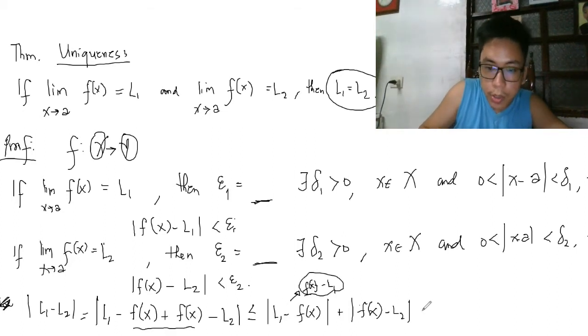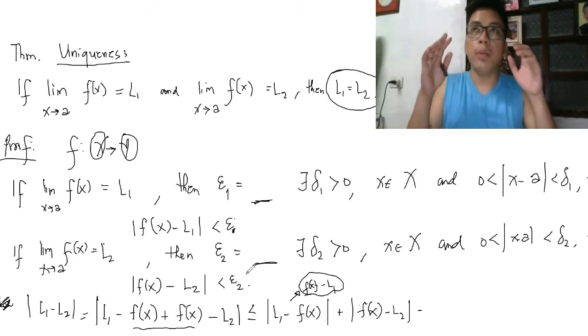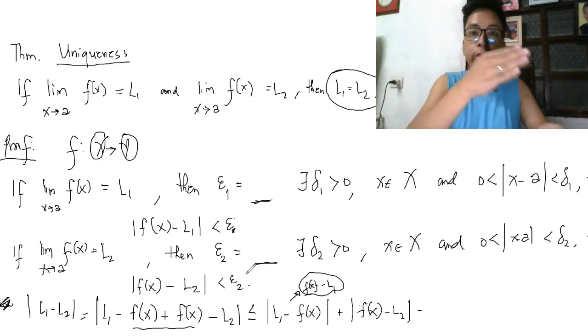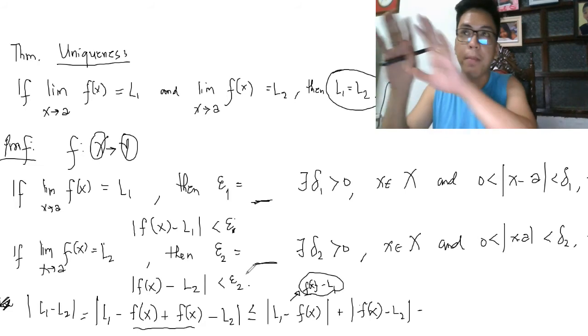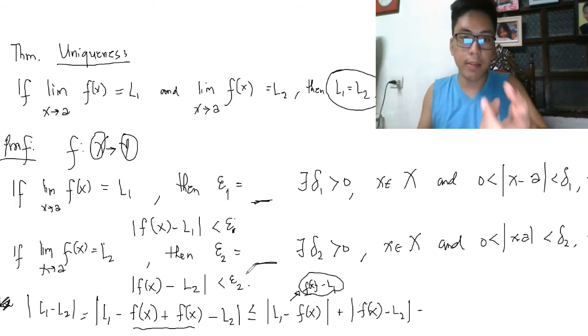This is simply the same as f of x minus L1, because this is actually inside the absolute value sign. So basically, L1 minus f of x is less than epsilon 1, and f of x minus L2 is less than epsilon 2. Remember that when we prove the limit of a function, the end step is having something less than epsilon.